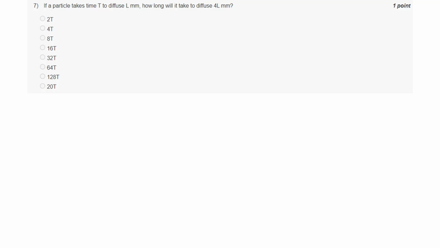If not, we'll go. Option 4, ma'am. Okay, option 4 is 16t. Okay, anybody else has an answer? We have one answer as 16t. I'll wait for a while for others to solve it.